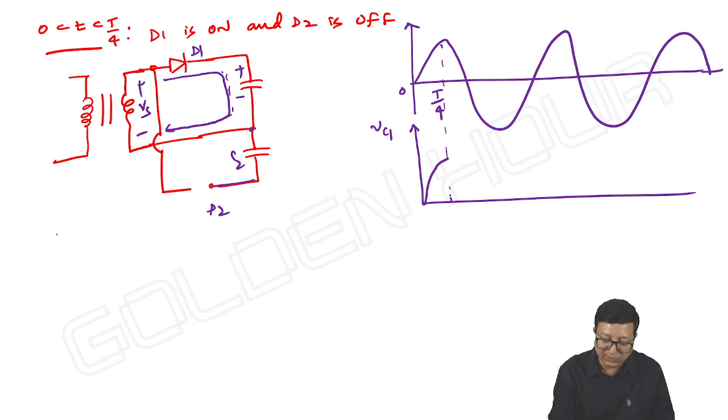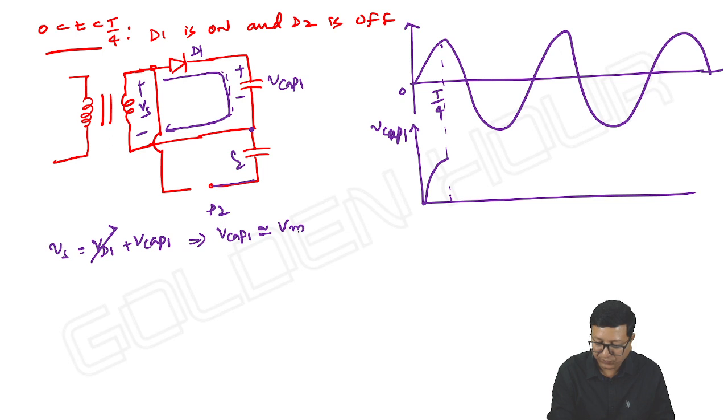So what I can write is Vs is equal to Vd1 plus V capacitor 1. Vd1 is almost negligible, which implies V capacitor 1 is approximately equal to Vs or Vm. Okay, and C2 acts as a short circuit.